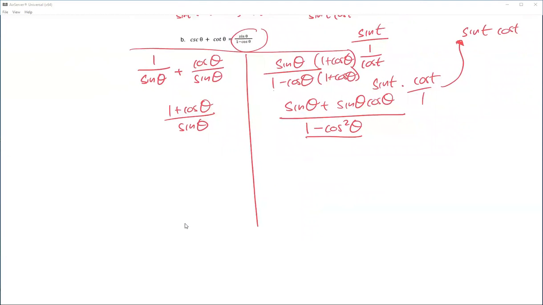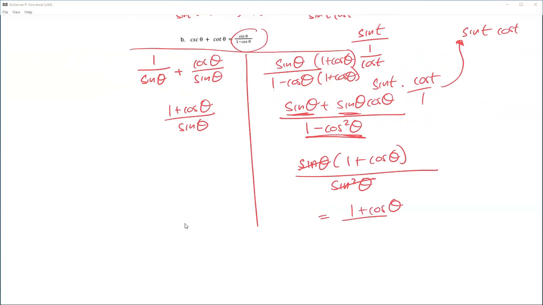Then this turns into sine squared theta, and then we're going to factor out the sine here. So it'll be sine theta times 1 plus cosine theta all over sine squared theta. We cancel these out. This is equal to 1 plus cosine theta over sine theta. Okay.